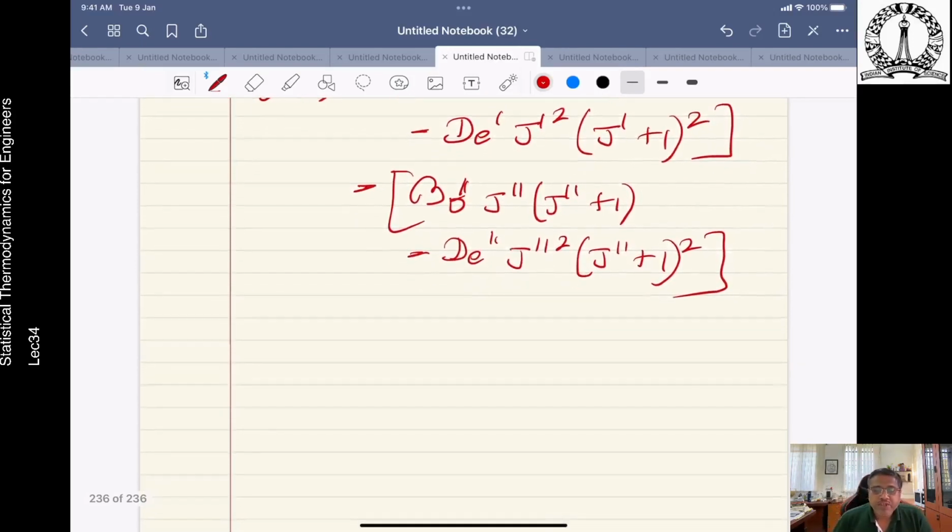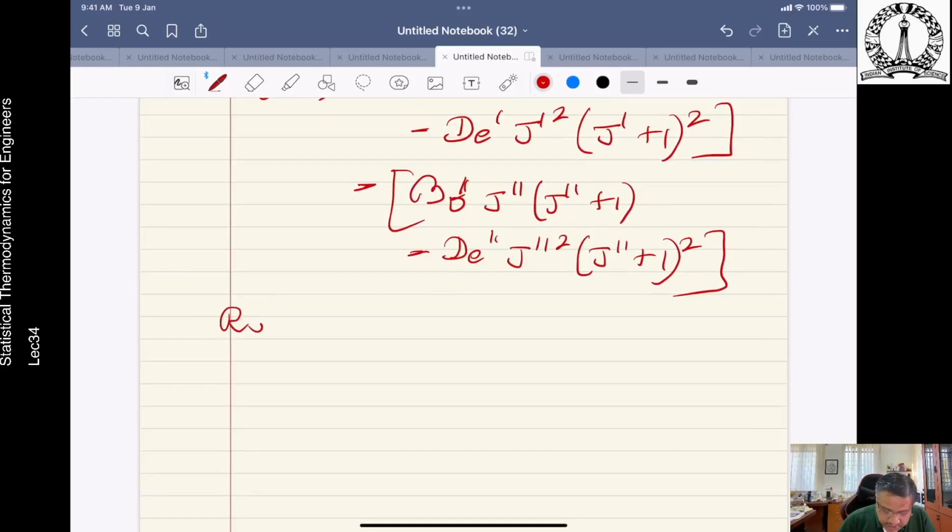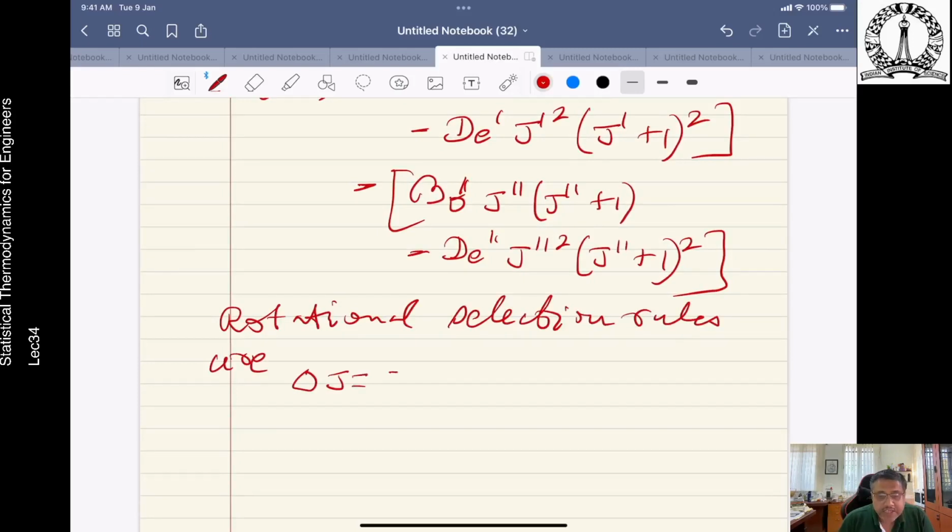In comparison to the Ro-vibrational case, the rotational selection rule is delta J equal to 0, plus minus 1.